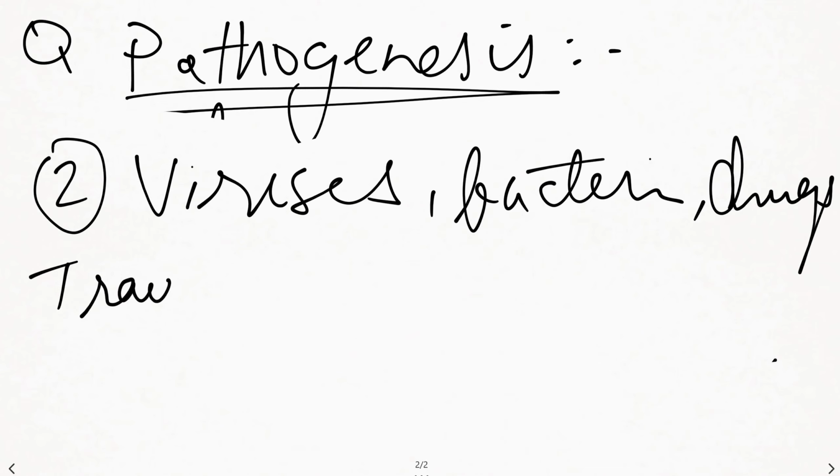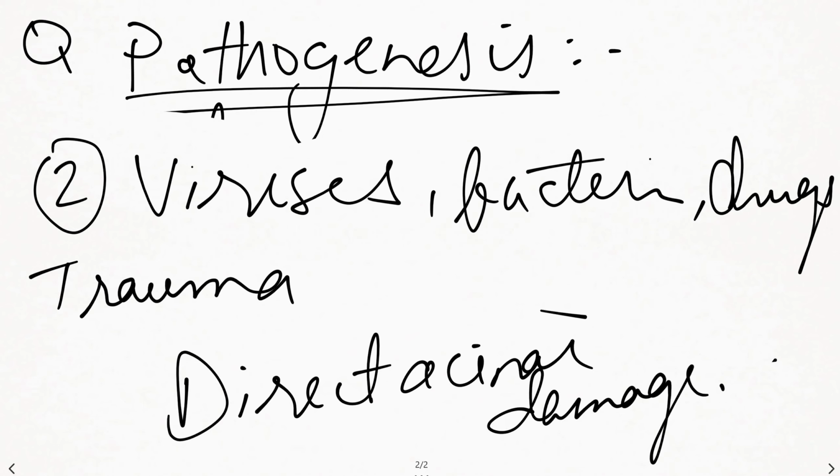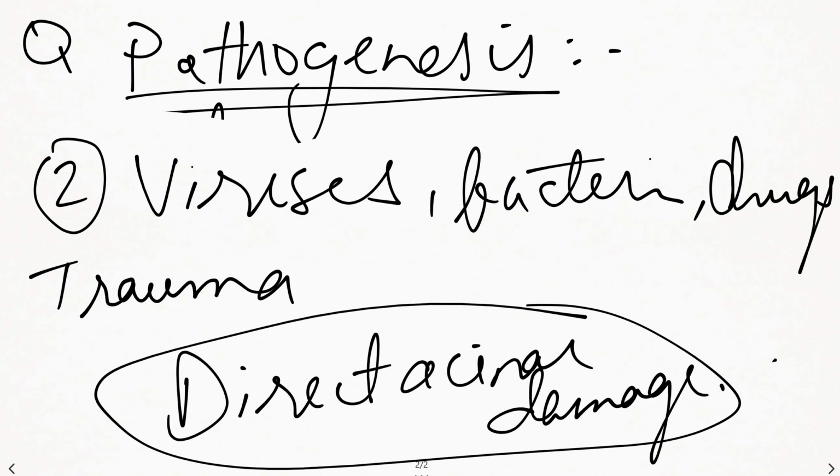Any of the causes mentioned after the main causes could cause it, and this is called direct acinar damage, a direct damage to the acini.